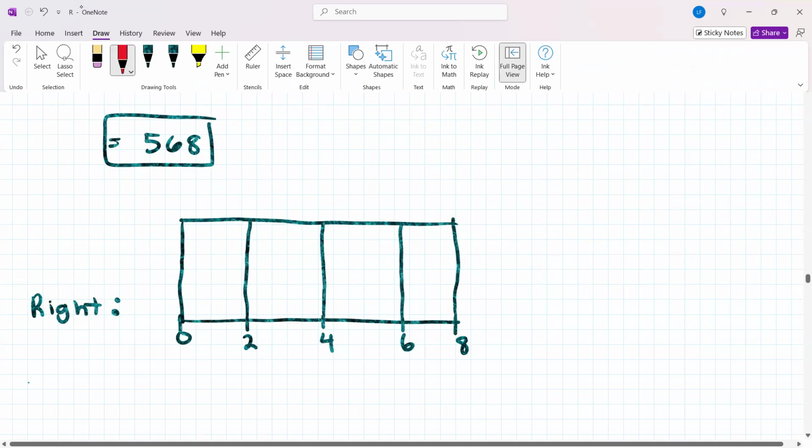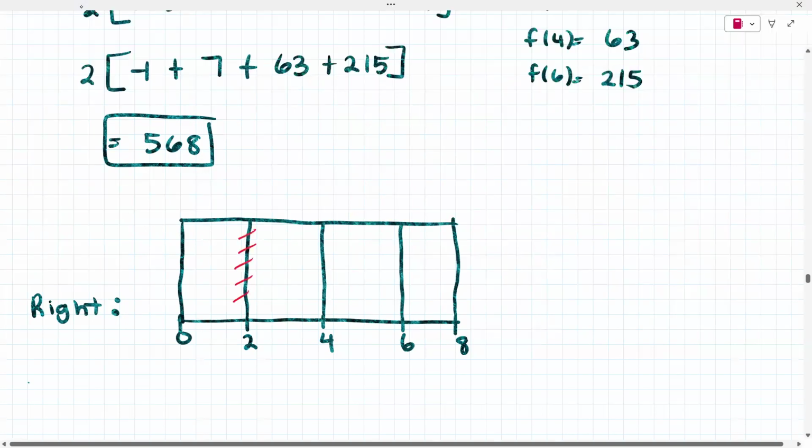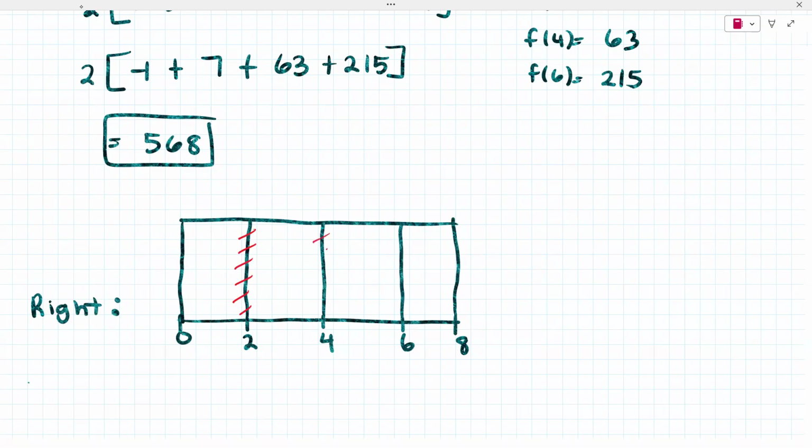So here's f of 2, and we're doing the right, so f of 4, f of 6, and then f of 8. So here's the right side, here's rectangle 1, 2, 3, 4. Let's find the area of that. They all have a delta x of 2, right? 0 to 2 the distance is 2, 2 to 4 distance 2, 4 to 6 distance 2, etc. So you could just factor out a 2.